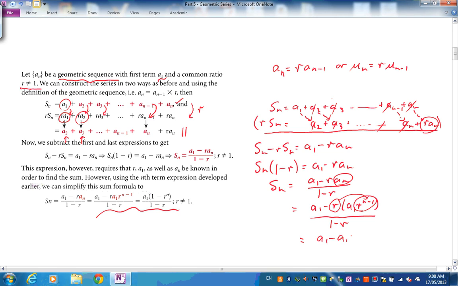Adding of powers would be r to the n, over 1 take r. Or here, a1 factored out the front, 1 take r to the n on 1 take r. So that's our formula to go straight to the sum of n terms. All you need to know is the first term, the ratio, and how many terms you want to add up.